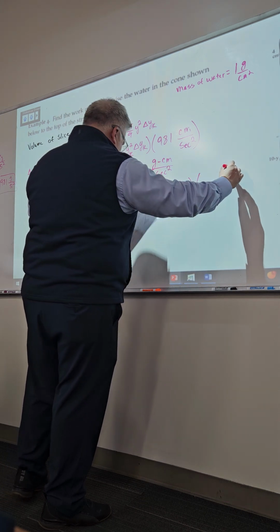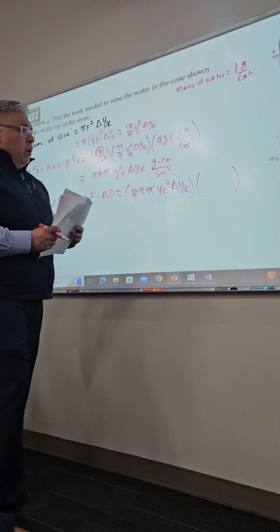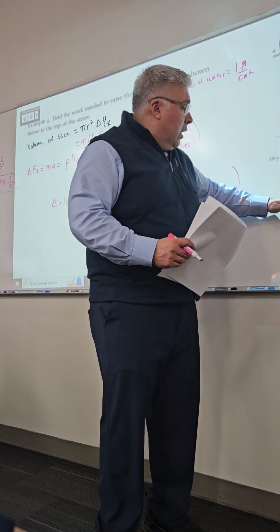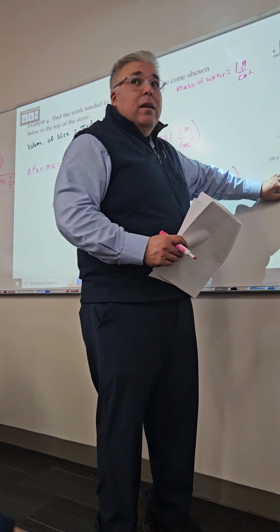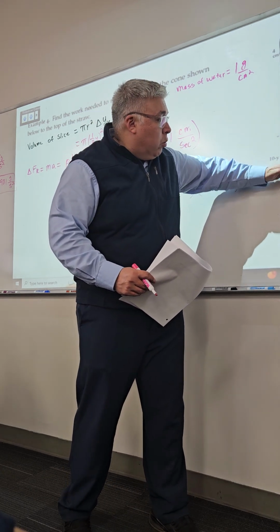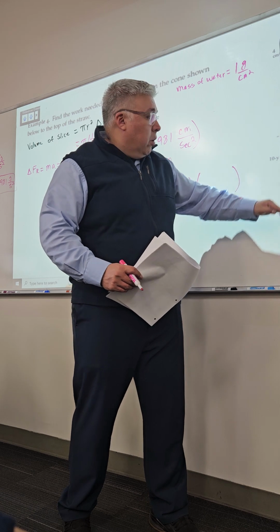Now the distance. The distance, class, remember we're taking the water out of the cone, right? So the distance is the length of the cone, 10, but minus the what? Whatever that layer was at, right? That layer of water is some distance y above. So it's some distance y.